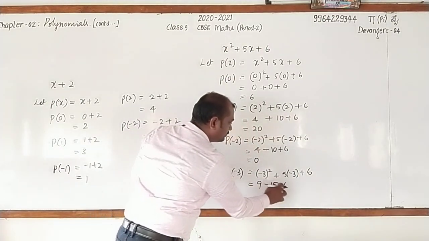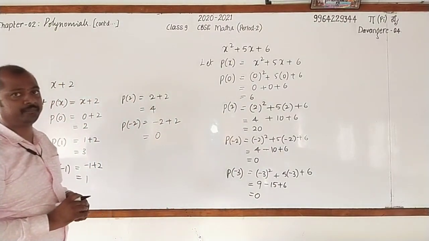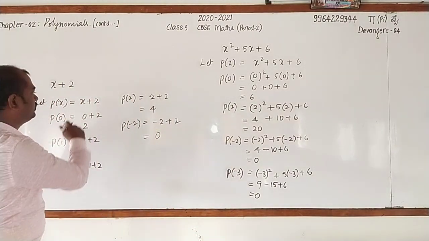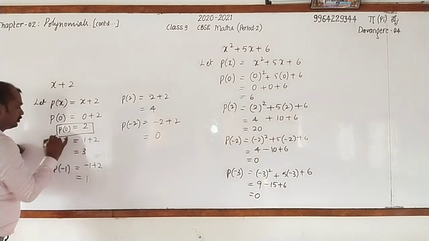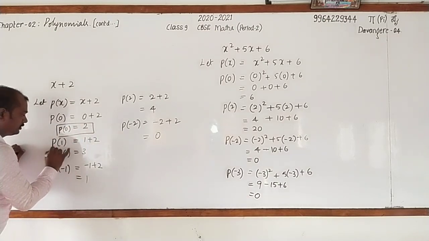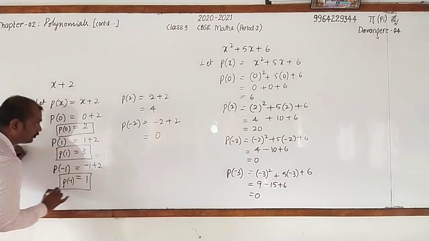What is 9 plus 6? 15. 15 minus 15? 0. Got it? Now you observe these. P of 0 is equal to 2. P of 1 equal to 3. P of minus 1 equal to 1.